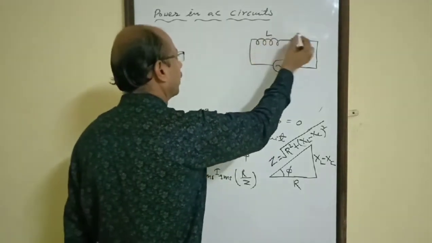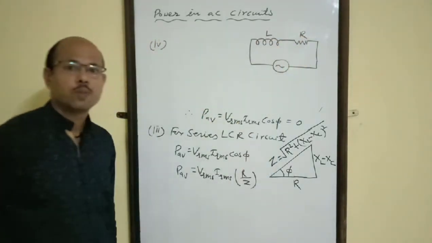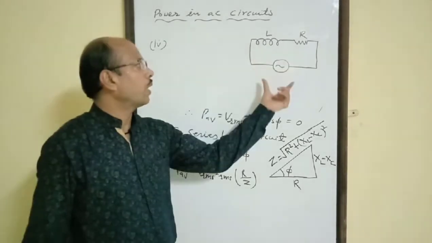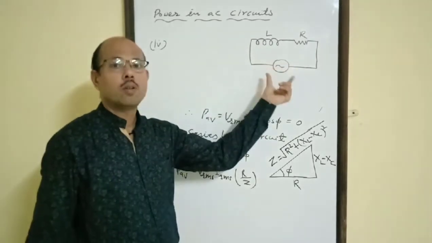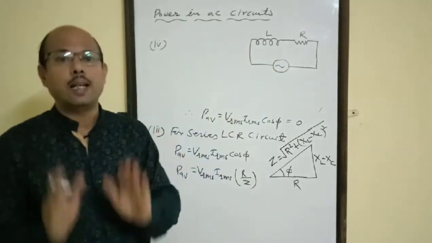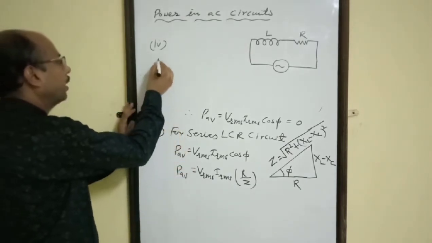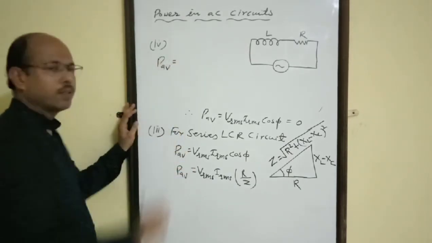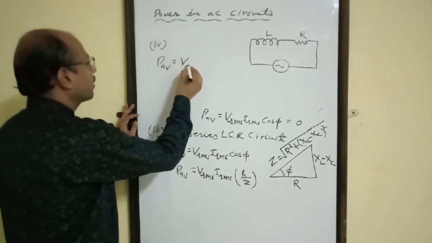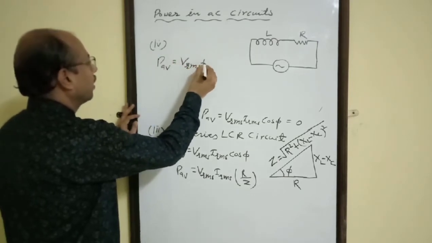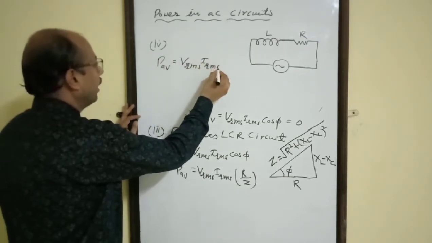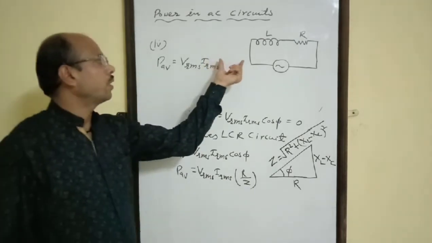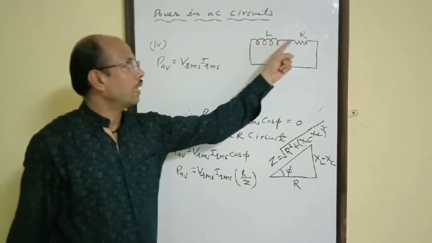This type of circuit is known as an LR circuit. So if we have to write the power consumed over one complete cycle for an LR circuit, what do we write? P average, Vrms as it is, Irms as it is. We have to write cos phi for this LR circuit.